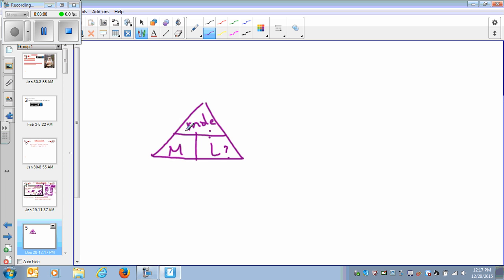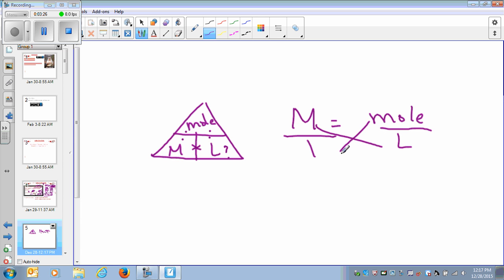You are dividing it this way. And to calculate the moles, you will multiply molarity and liters. Or you will know molarity equals moles over liters. So if you have to calculate the molarity, you of course take the moles divided by liters. If you have to calculate any of the others, like moles or liters, you can cross multiply. So there are different ways to calculate moles and liters out of the same formula, but you need to understand what the formula is and how it works.